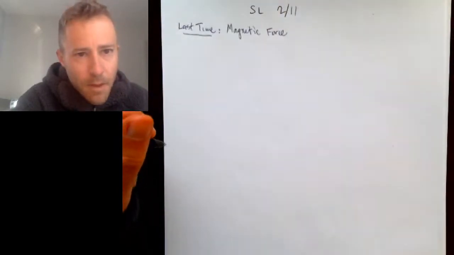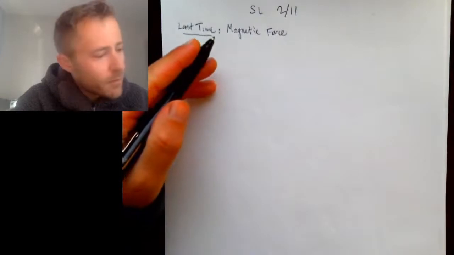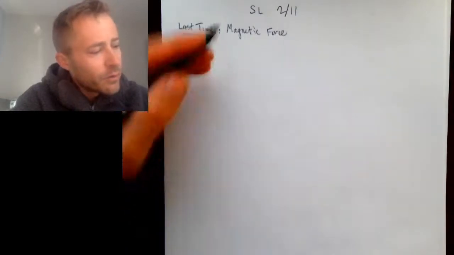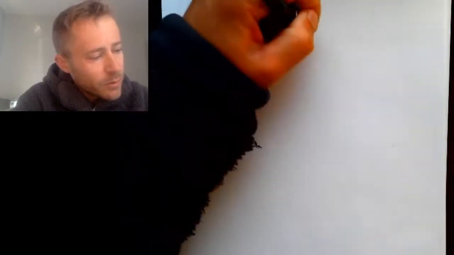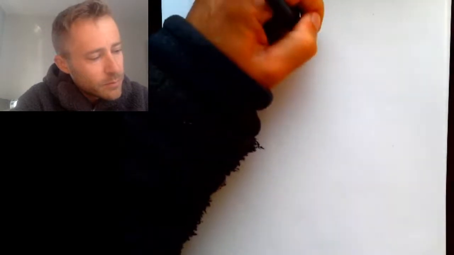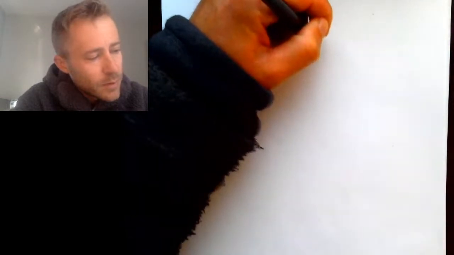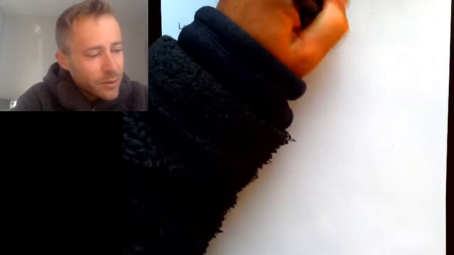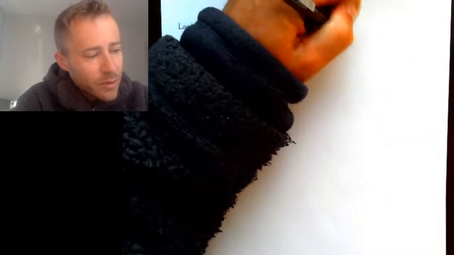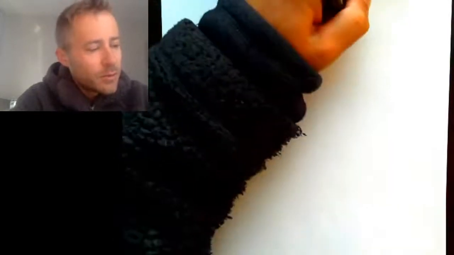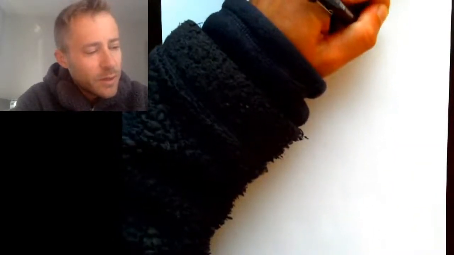And so the formula for the magnetic force, this is for the magnitude, is the absolute value of Q times V times B times sine of theta.